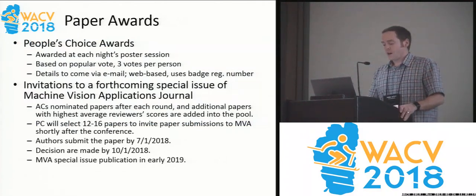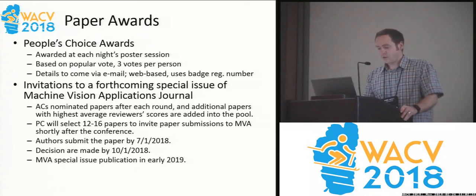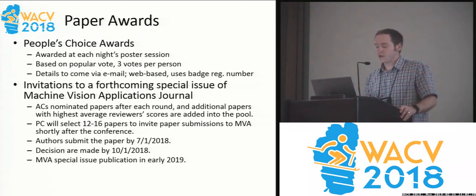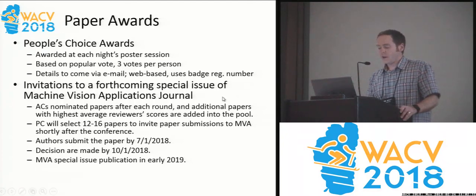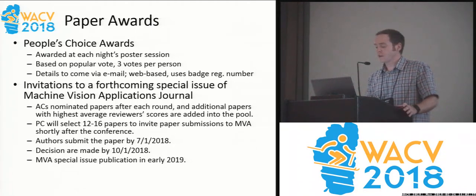You mentioned on the website that there's going to be a forthcoming special issue of the Machine Vision Applications Journal. The area chairs nominated papers from each round, and additional papers were taken based on looking at the average review scores. So there's a pool currently of potential invitees that will be narrowed down to 12 to 16 papers.